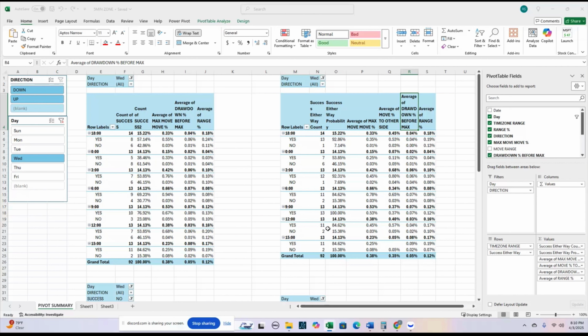I have more lax rules, allowing it to be a success as long as we don't close on the opposite side once the one side is triggered, right? But you can look at this and see how much drawdown you want to have.